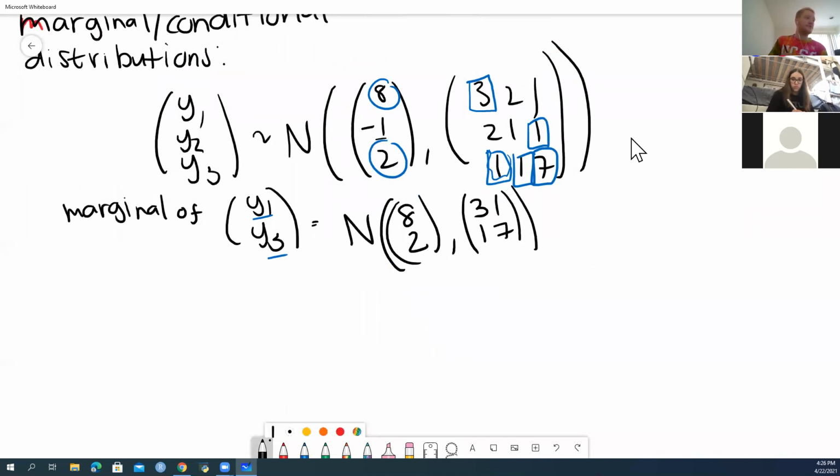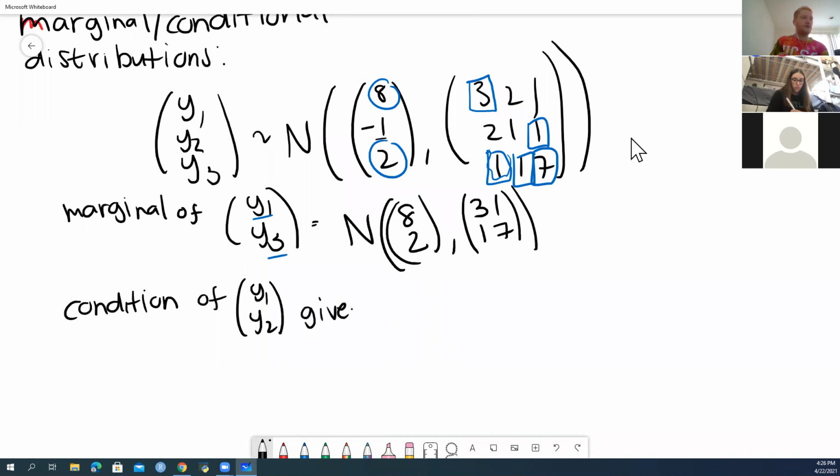For conditional, you just use the formula. So if you say conditional of y1 and y2 given y3 is equal to 2, then all you need to do is follow the formula that we had. I'll just say this is equal to like 1 to make it easier, because everything's usually written in terms of 1 and 2.